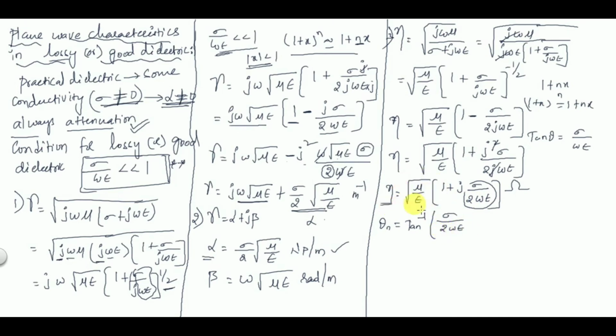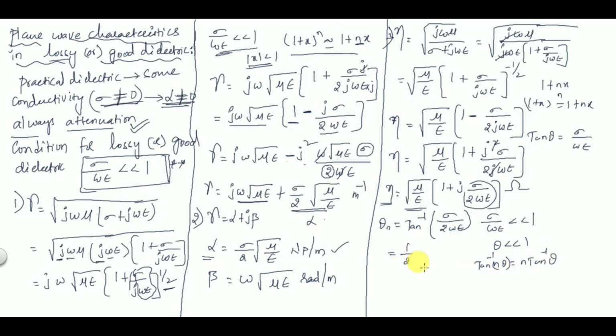In both cases you get root of mu by epsilon, so it cancels. When sigma by omega epsilon is very much less than 1, that is when theta is less than 1, tan inverse of n theta can be written as n into tan inverse of theta.